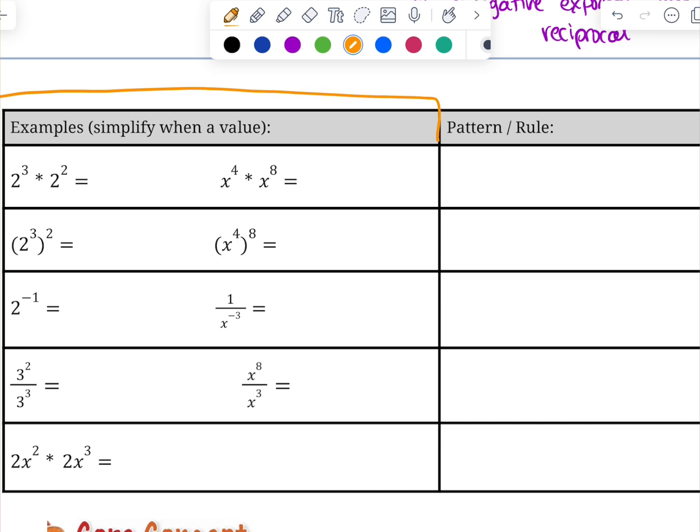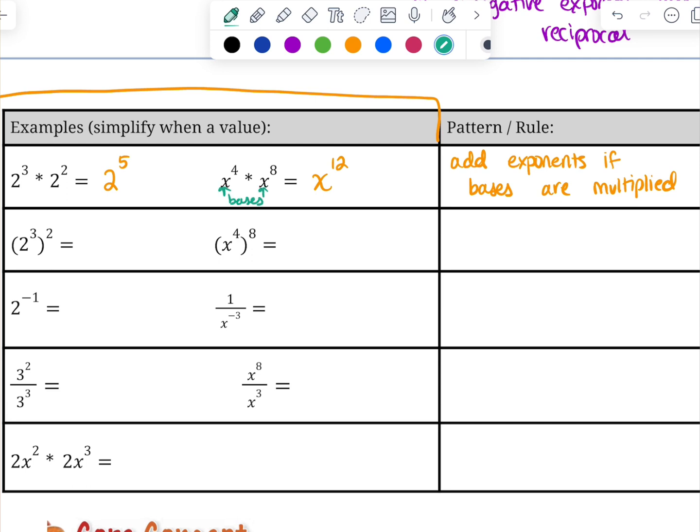All right, welcome back. If you've done your math correctly here, we should get 2 to the 5th and x to the 12th. In general, we add exponents if bases are multiplied. In case you need a refresher, these values, x and x, are your bases.